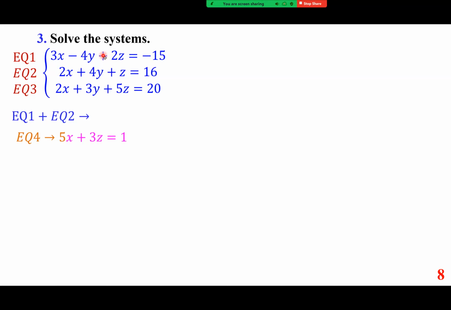So for example, if we use the first one, notice this is -4y, this is +3y. If I multiply this one by 3 and this one by 4, we can get rid of it. So let's multiply this one by 4 and this one by 3. And we get the following equations. This becomes 9x minus 12y plus 6z equals -45.